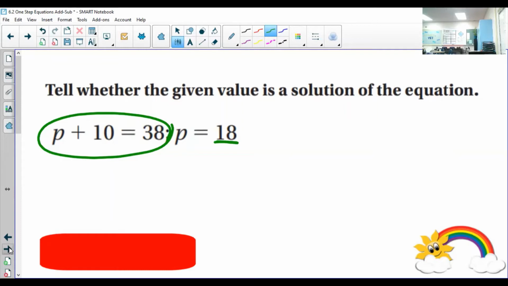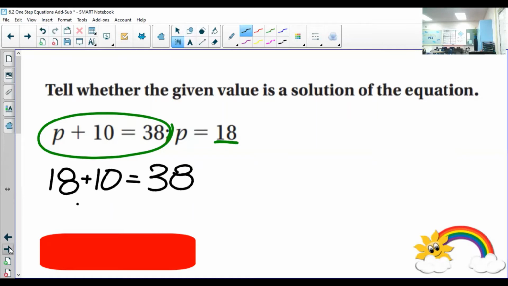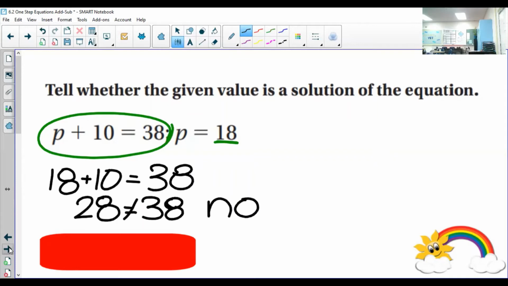Well, let's rewrite it and let's see. 18 plus 10 equals 38. 18 plus 10, you can do it off to the side, but if you know it in your head, it's 28. So does 28 equal 38? No. That is not a solution for this equation. Okay, that's what they want in these kind of problems.